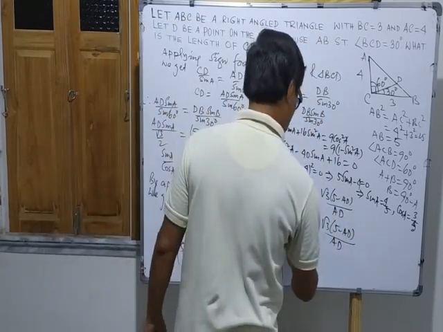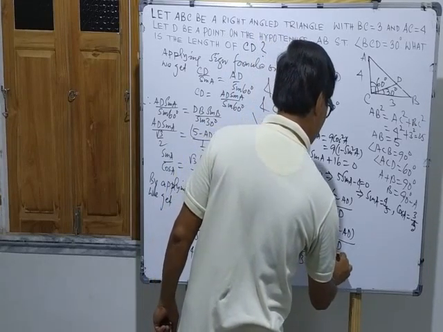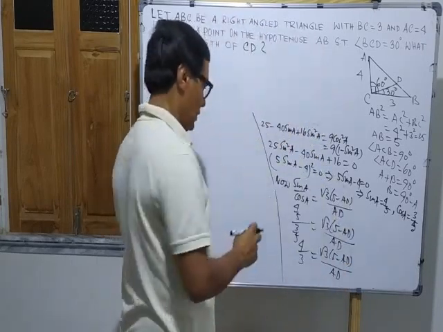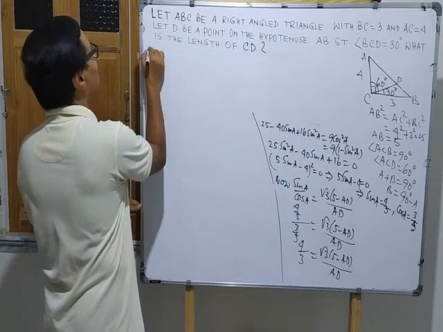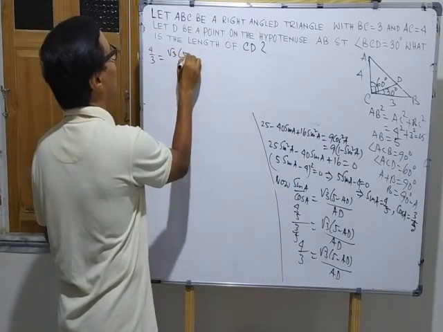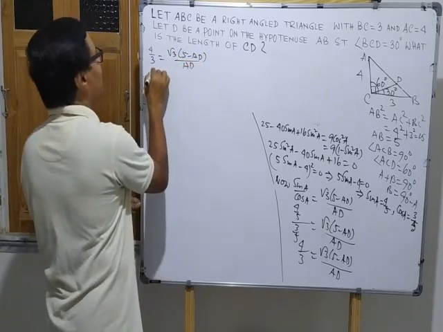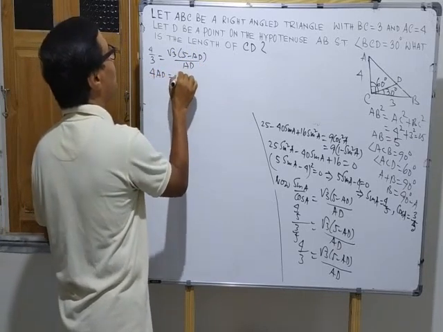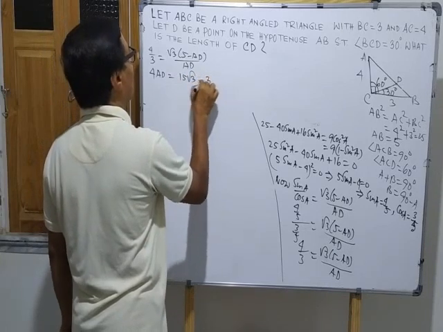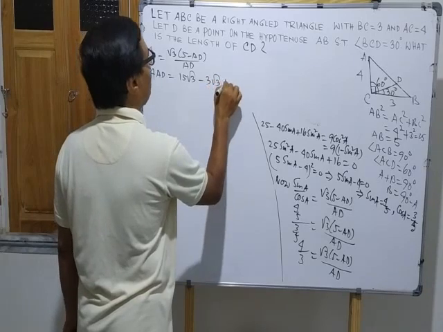So this implies 4 over 3 equal to root 3 into 5 minus AD over AD. That is 4 AD equal to 15 root 3 minus 3 root 3 AD.